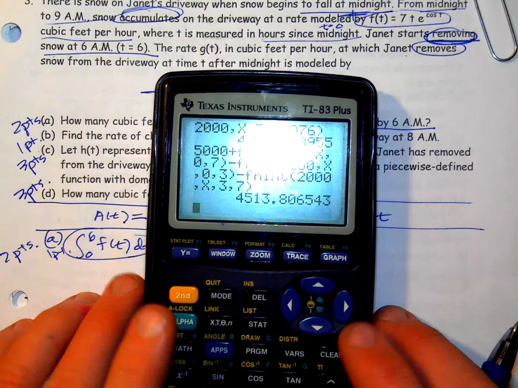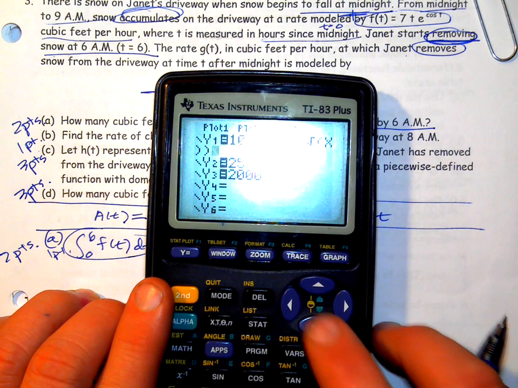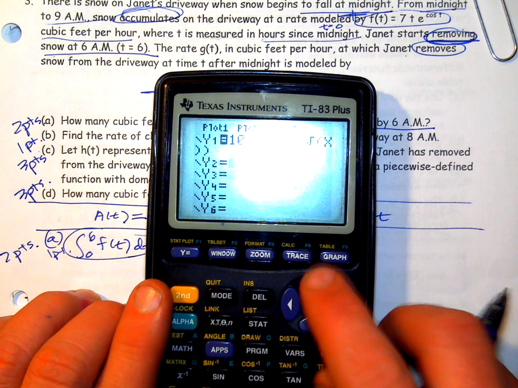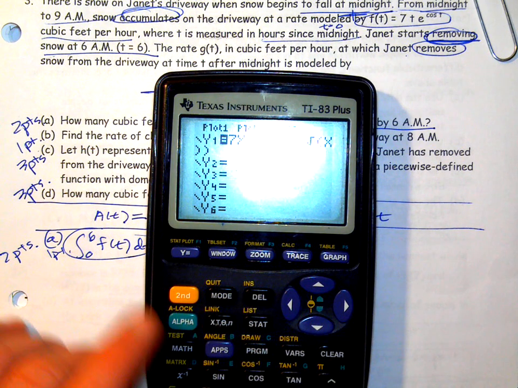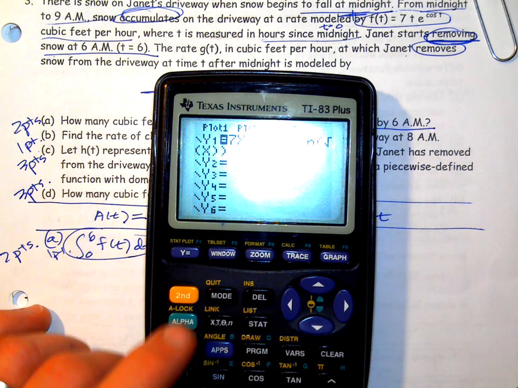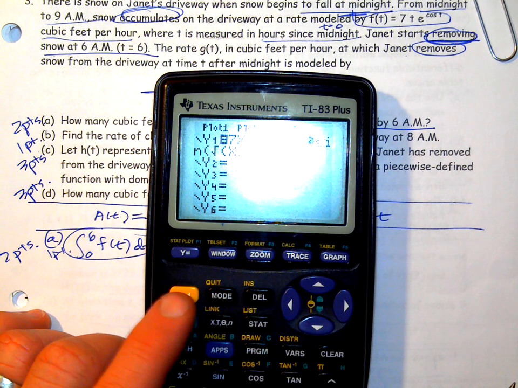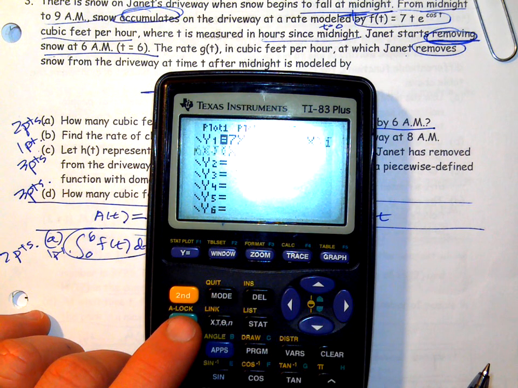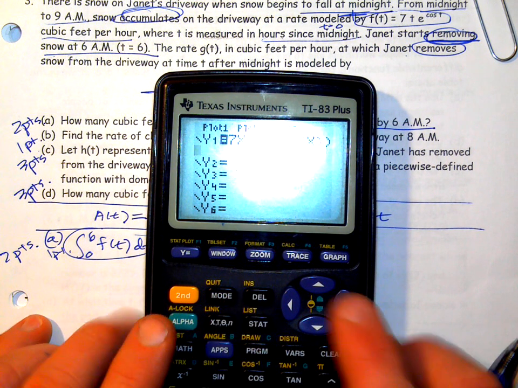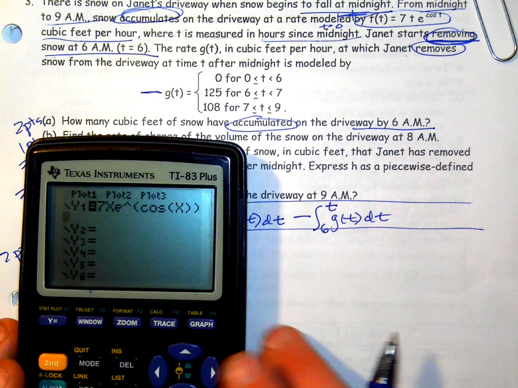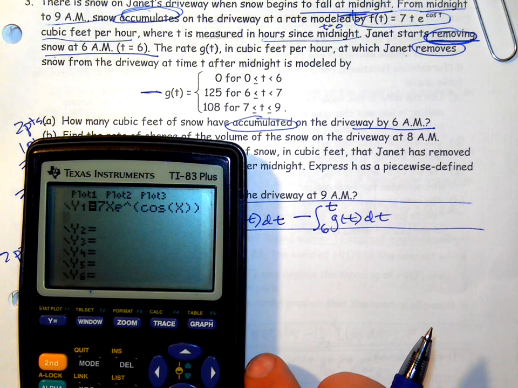So let's do what I've been doing. I'm going to go to Y=. Now I'm probably just going to put the 7x e to the cosine x, with cosine x in the exponent. So I put that in there. Make sure you're in radian mode.